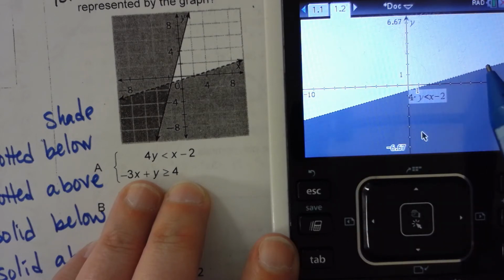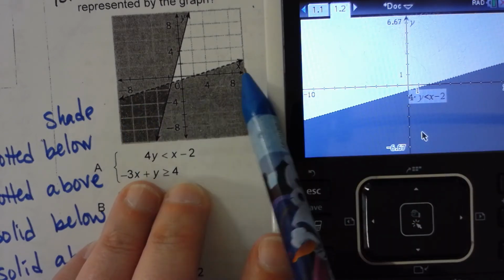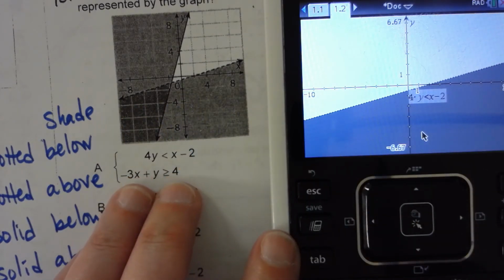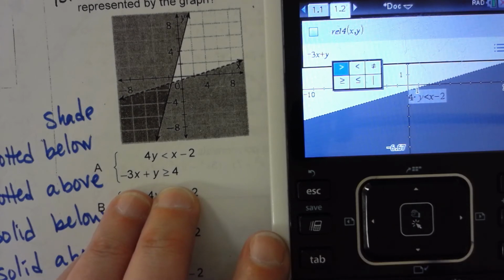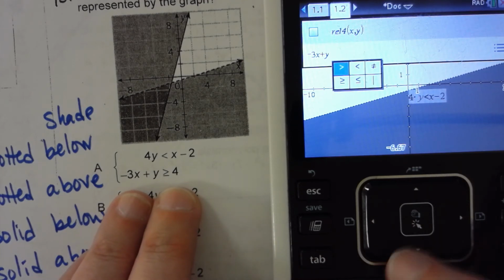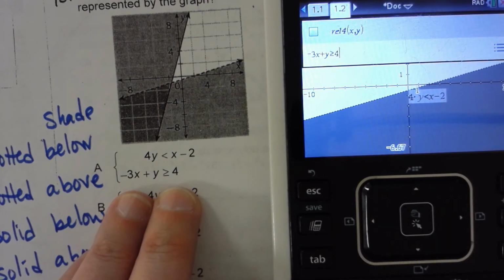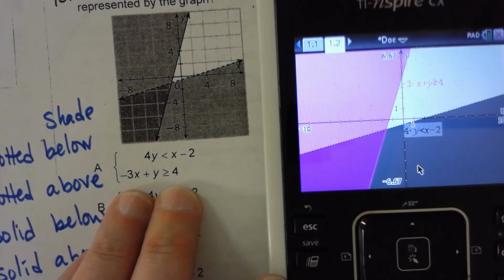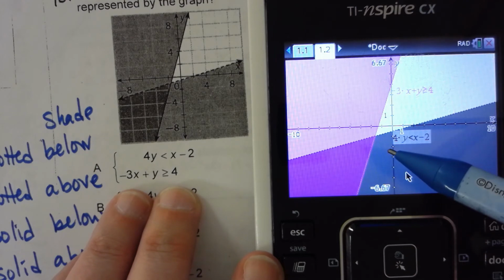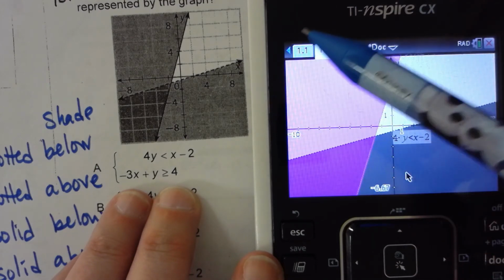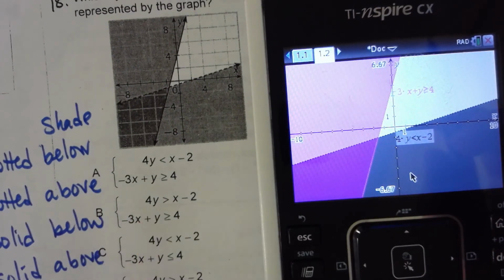That is a dotted line, and it's shaded below, dotted line shaded below, so that looks good. We're going to do our second equation, negative 3x plus y, control equal, greater or equal to 4. It looks like a solid line over there. Does look the same? I think that looks pretty good.